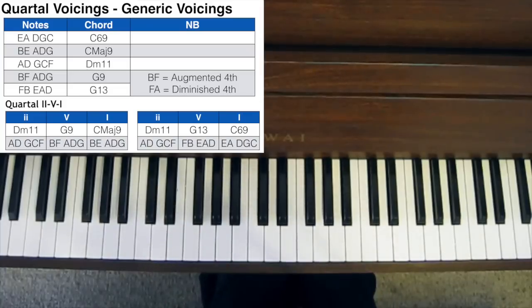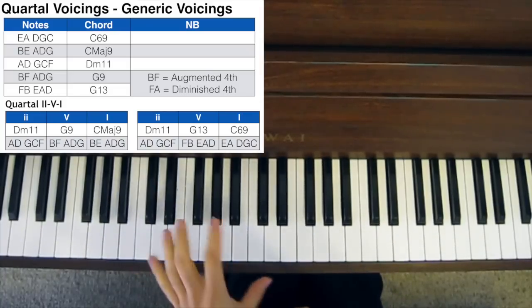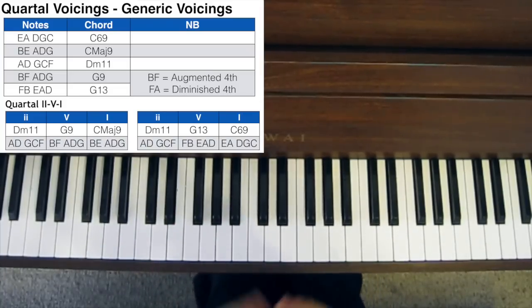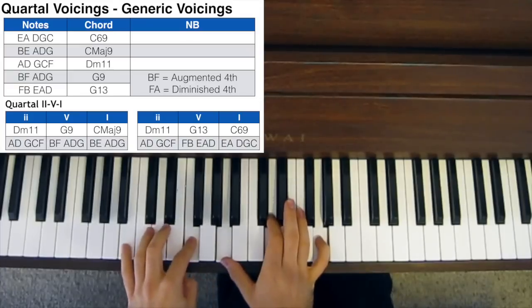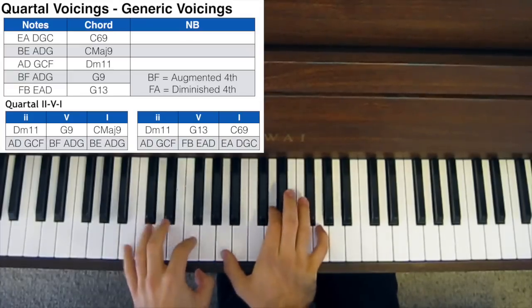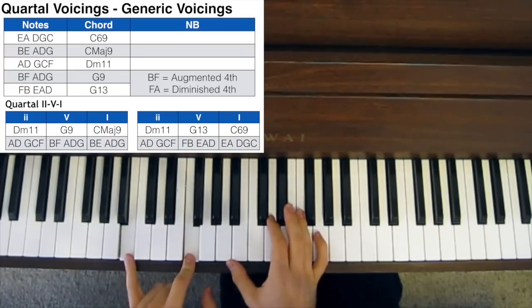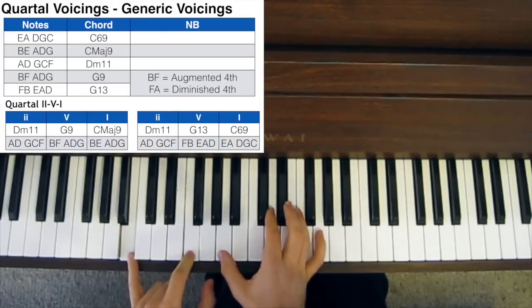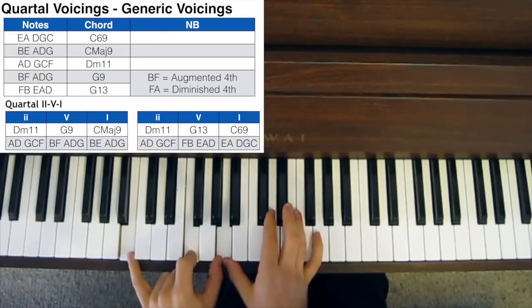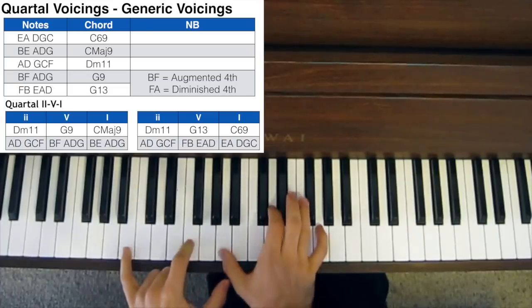Now, the only thing to note is that the dominant generic quartal chord voicings are not built exclusively out of intervals of perfect fourths. If we have a look, for example, at the first one, this one here, B, F, A, D, G, we see that this interval is not a perfect fourth, is actually a tritone, and this interval here is not a perfect fourth, it's actually a major 3rd.